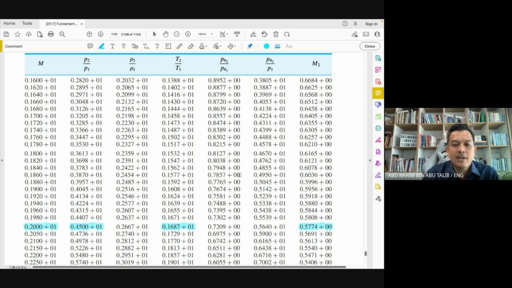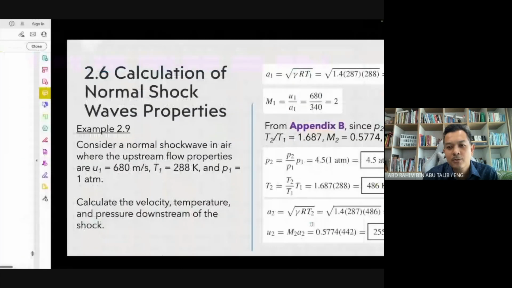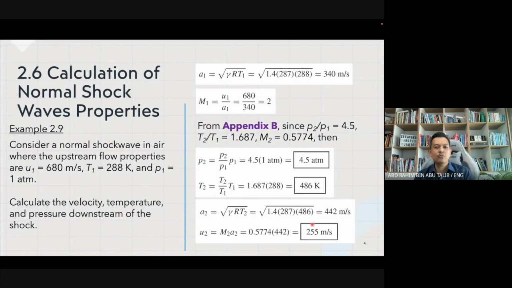So by looking at the given values, we are given M1 equal to 2, and then you are going to collect all these values, respectively for the pressure ratio, the temperature ratio, and the M2. Okay, so now I'm moving back to the PowerPoint slides. All right, so those are the values that we already collected. We read the values from Appendix B.